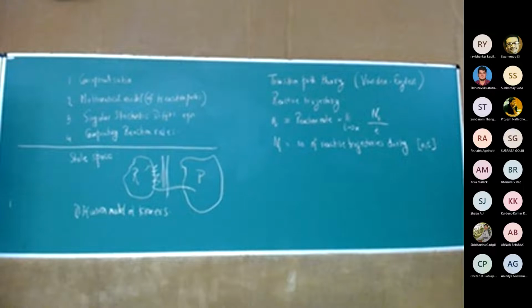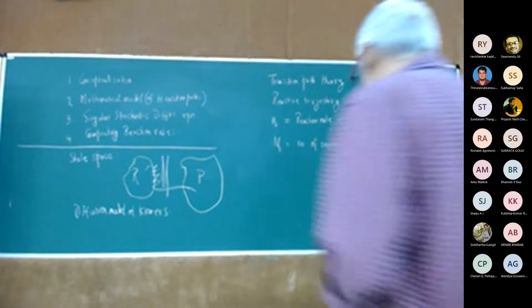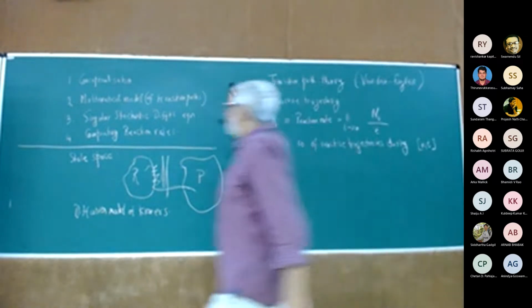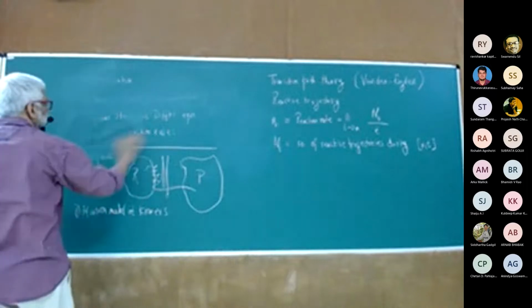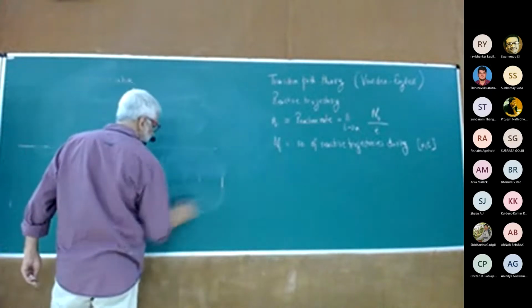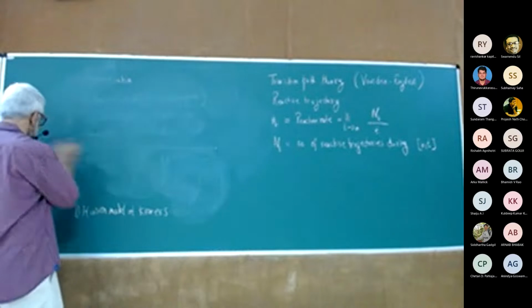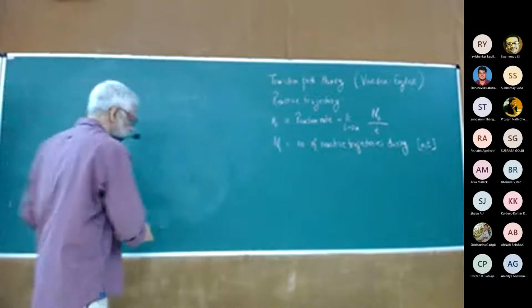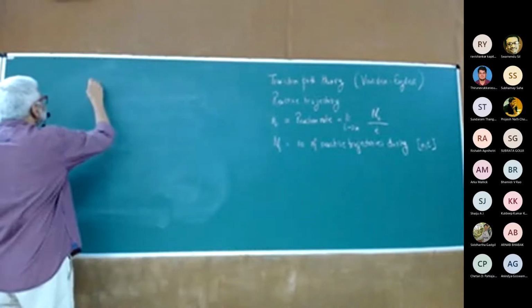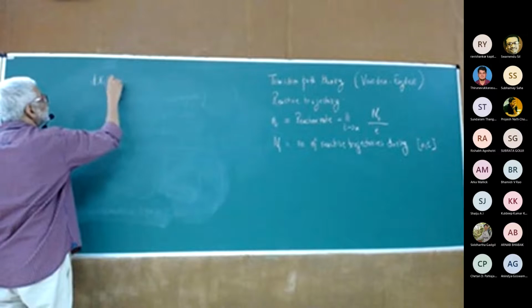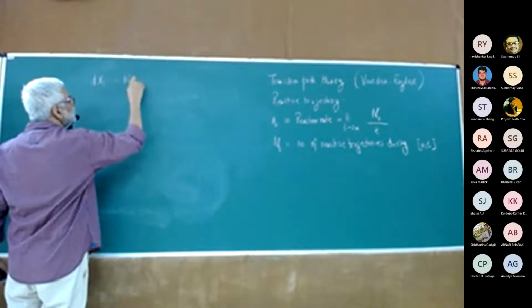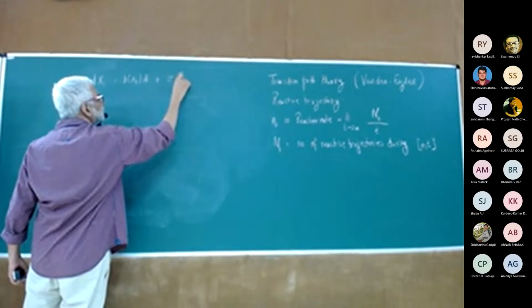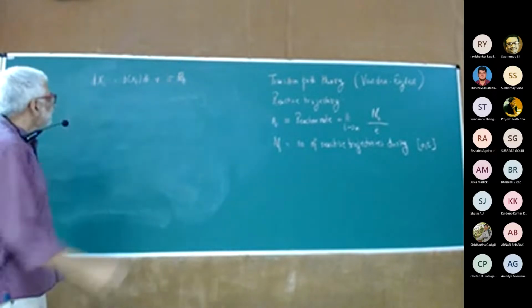All right, so let's write down the stochastic differential equation. dX_t = b(X_t) dt + sigma dB_t.